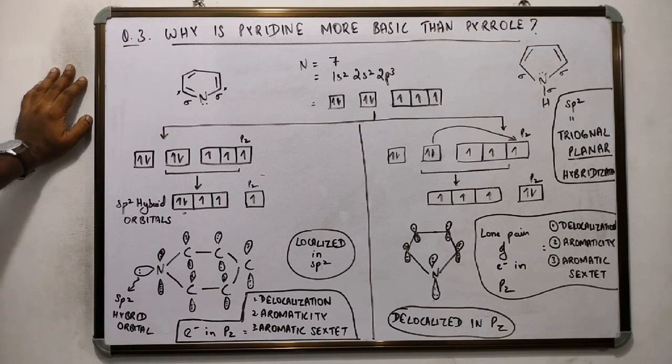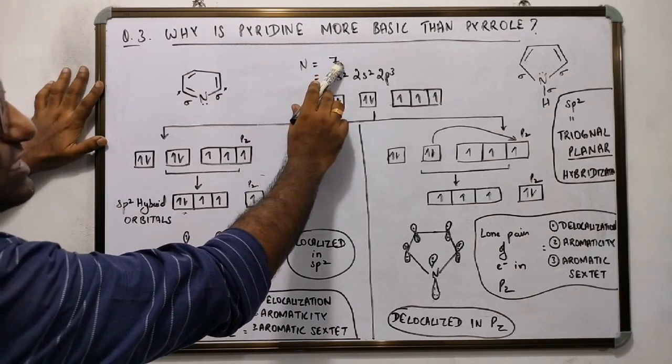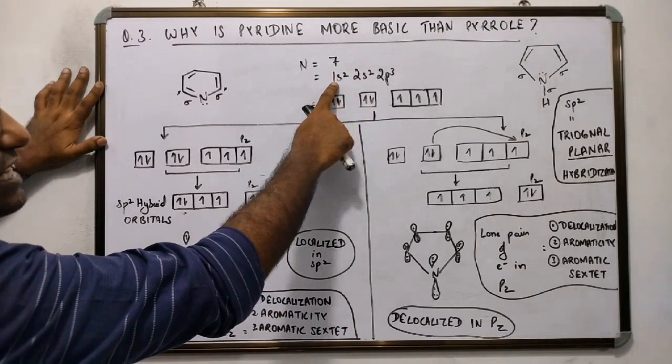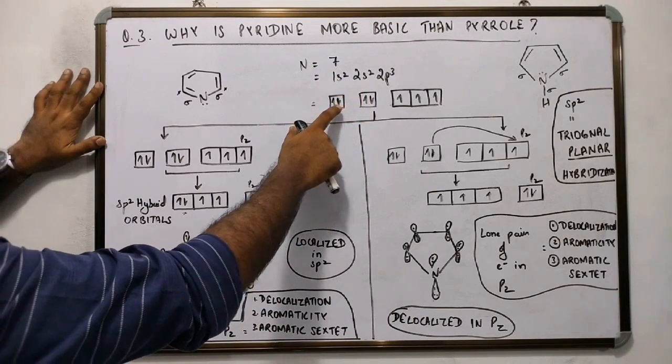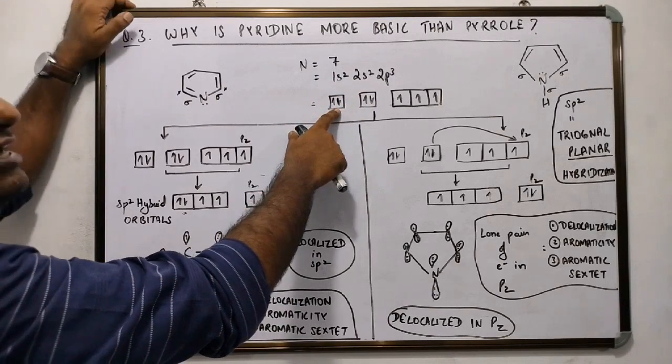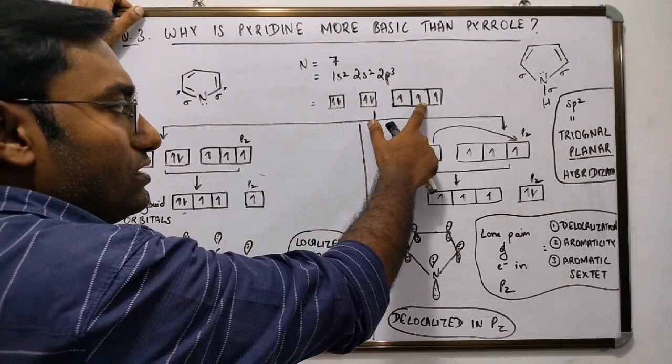Now let us look at how sp2 hybridization takes place for nitrogen. For this, we write the atomic number of nitrogen, which is 7. This is the electronic configuration, and here is the orbital diagram: 1s2, 2s2, 2p3.